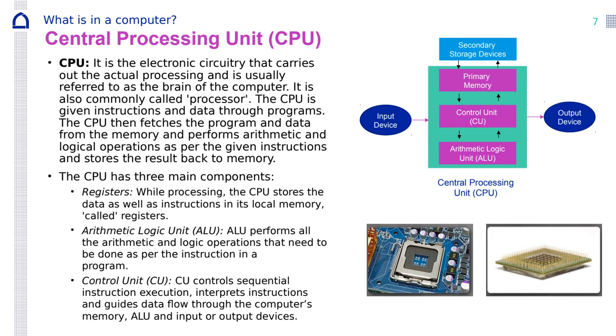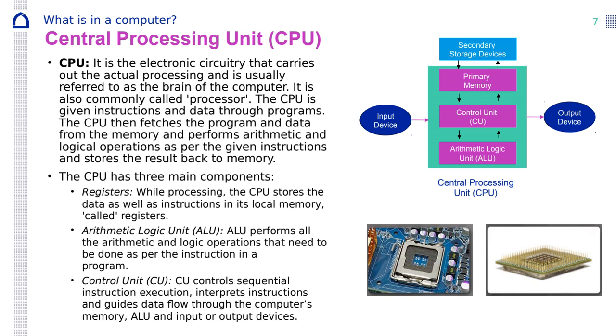So we have registers, then we have the arithmetic logic unit, ALU, which performs all the arithmetic and logic operations that need to be done as per the instructions in the program. We also have the control unit, CU. It controls sequential instruction execution, interprets instructions, and guides data flow through the computer memory, ALU, and input or output devices.